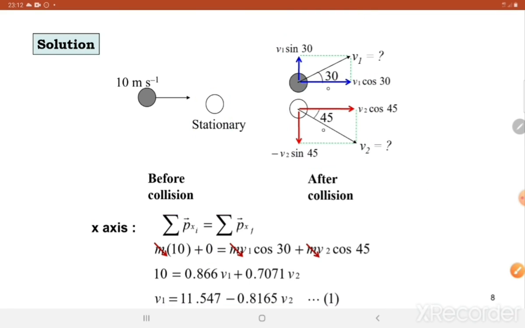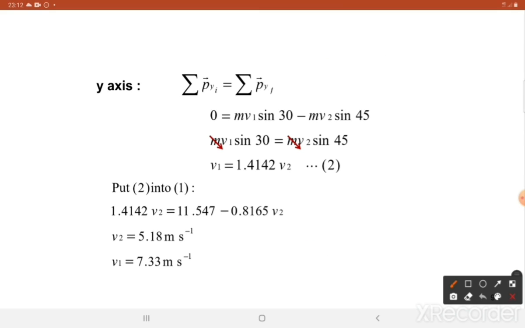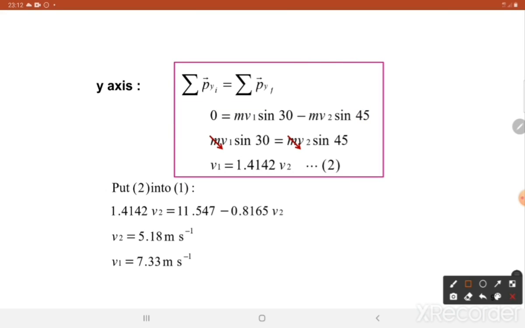And then we apply that principle again along the y-axis. When you apply it along the y-axis, you will get the second equation. There is no momentum along the y-axis before collision because both objects are not traveling along the y-axis. Only the first ball is traveling, but it travels along the x-axis.